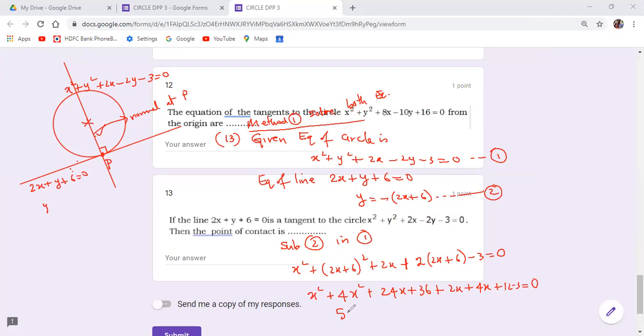So 5x square plus 20, this 2x I forgot, so 30x. 36 plus 9, 45.